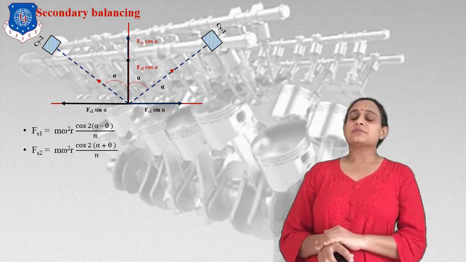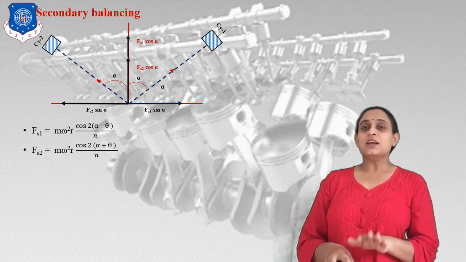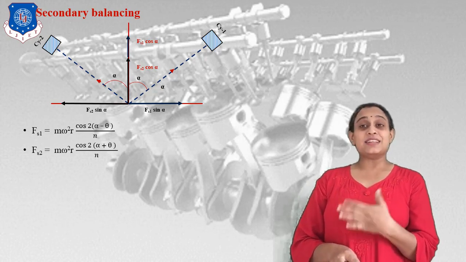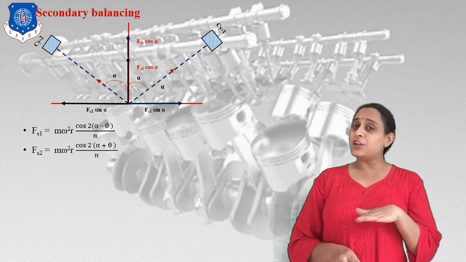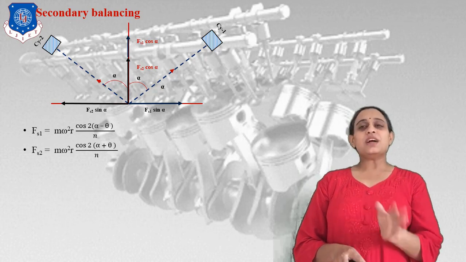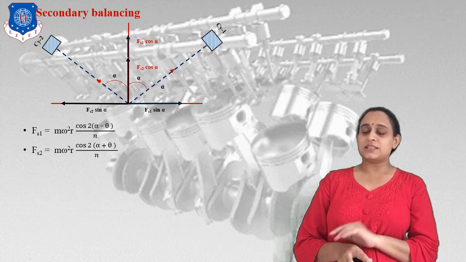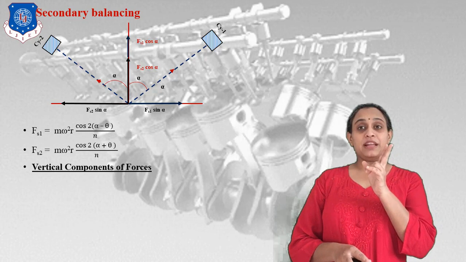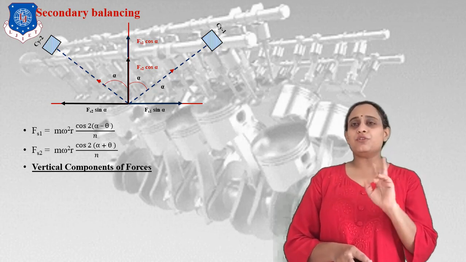Now, for secondary forces, you have to calculate horizontal as well as vertical forces, which means along the OY axis and perpendicular to the OY axis. You have to calculate both the forces. Clear? So let us calculate the vertical component, along the OY axis. Both are in the same direction, hence we will get the positive value, or the summation of both the forces.